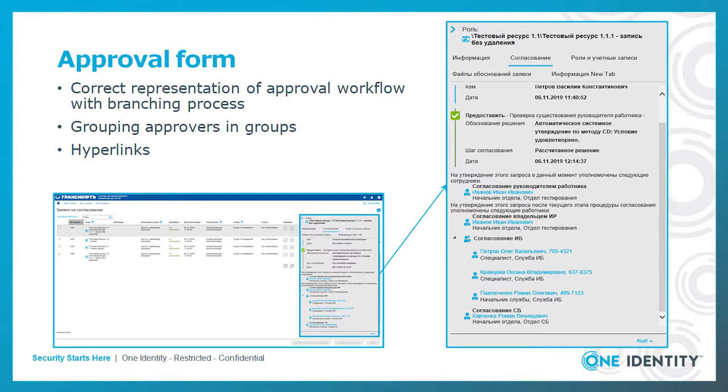The most problematic issue was the approval form. I believe that's because we have the electronic paper flow introduced in the company, and the users are very picky. And we solved most of the things this way. When the workflow is very branchy and complex, we have a stage-by-stage approval procedure.